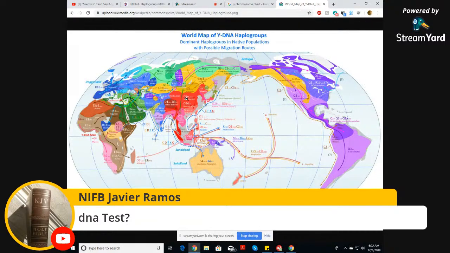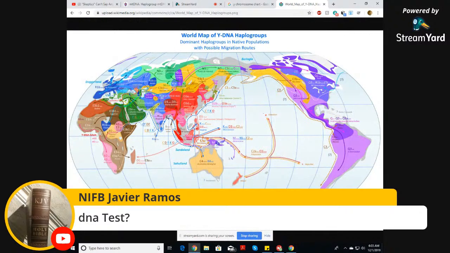You can recognize them because they have a little bit of curly hair. Instead of being straight black hair, it's curly black hair, and they do have a history of being a Jewish population. Yeah, I think it's over here, the edge of India.